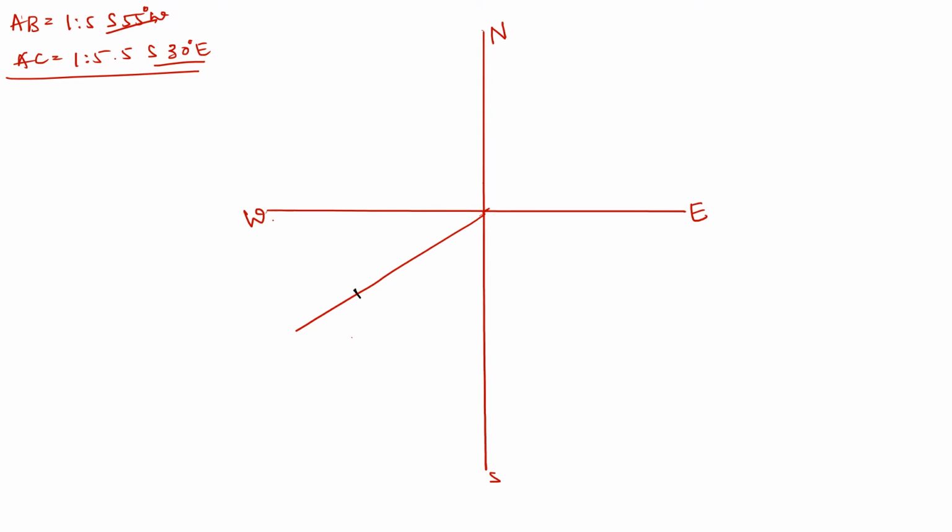So I'll mark this point as 1:5, and this point is our point B. This is our point A. In the same way I'll plot south 30 east, and the amount is 5.5. Okay, so this point becomes my point C.